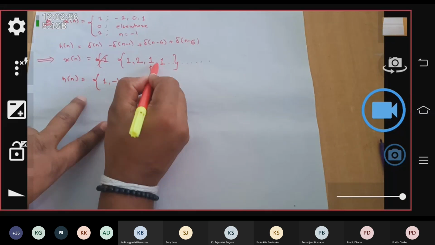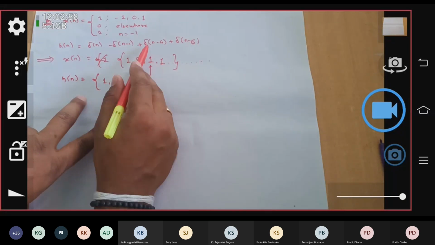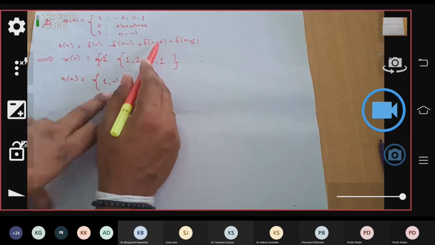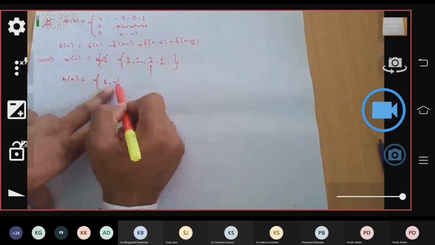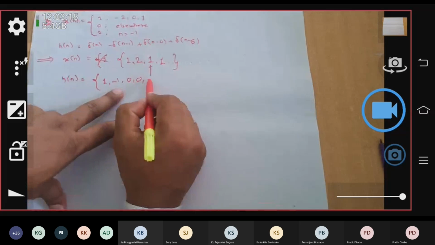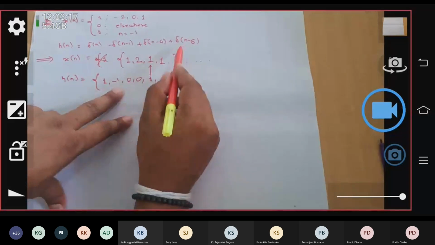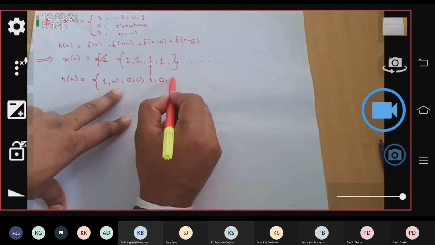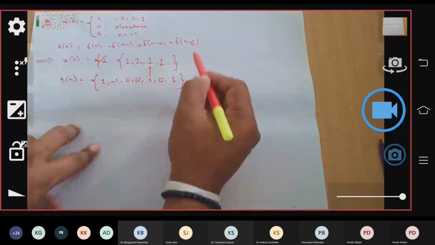Then you have plus del of n minus 4, directly the fourth one. So this is the 0th, this is the first, second, third is 0, and the fourth one is 1. Then the fifth one is 0, sixth one is 1. This is the interpretation of this data.